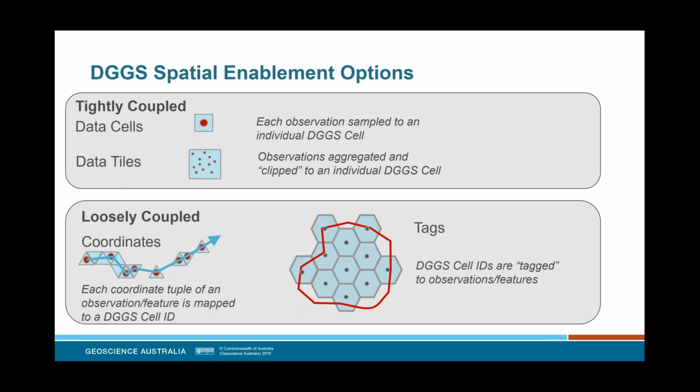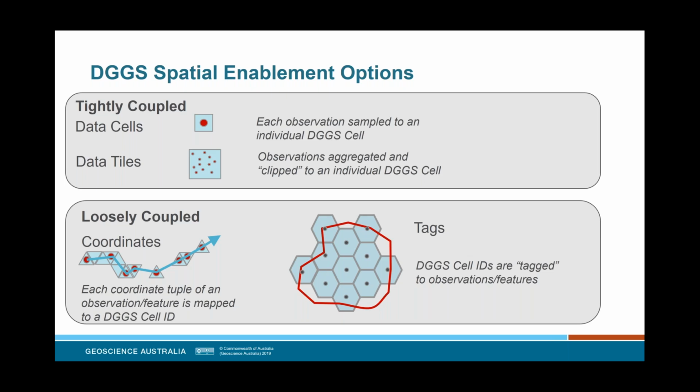Early on, one of the biggest oppositions to the DGGS approach that I found from a lot of people was the thinking that, well, we've done a lot of work to get our data calibrated and nicely organized in the way we've got it. We don't want to have to unpick all of that just to put it into a DGGS. And this is where the concept of loose coupling allows you to say, well, that's fine.